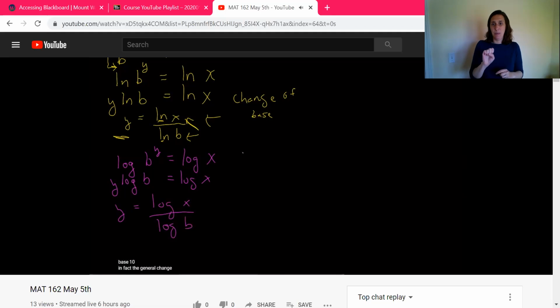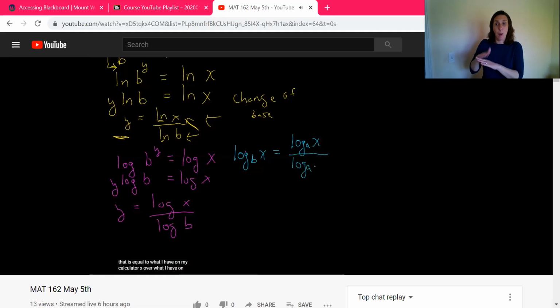In fact, the general change of base formula, in green, is: my y value is equal to the log of some base I don't have, of some value x, and that is equal to what I have on my calculator, log of x, over what I have on my calculator, log of the original base.